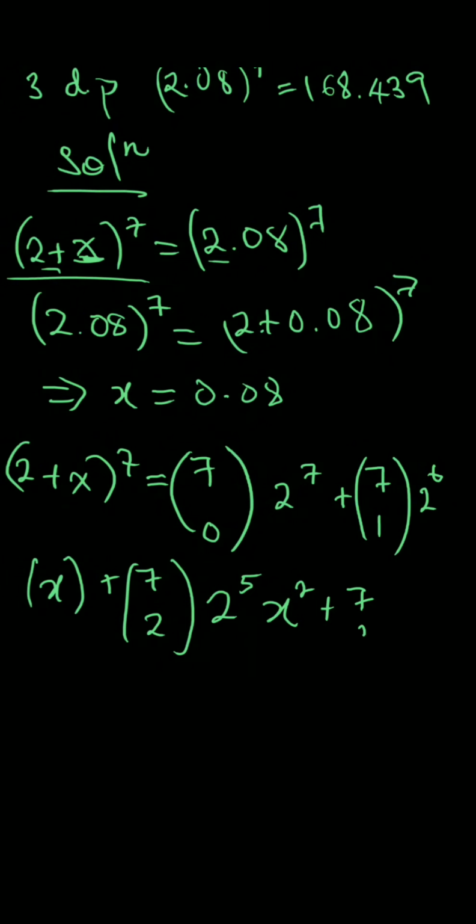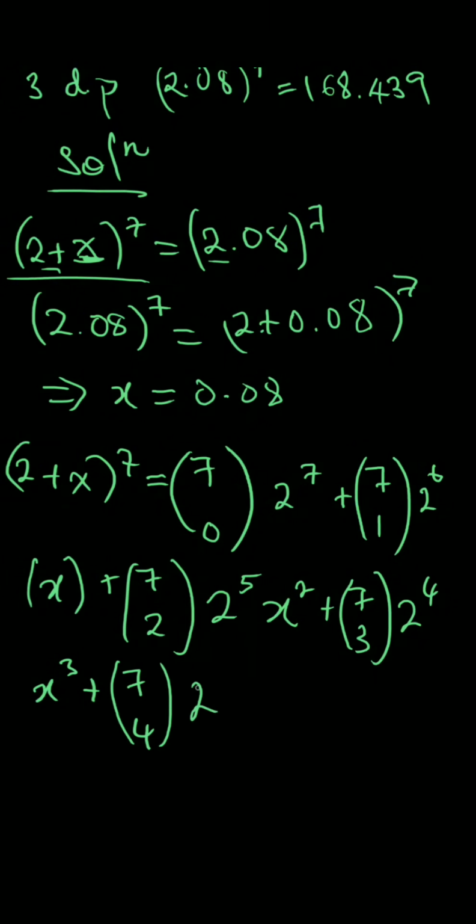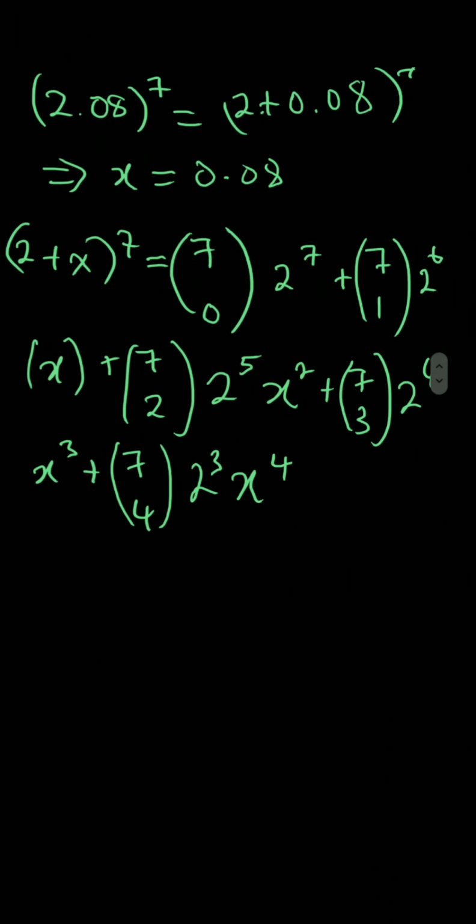The next one is 7 choose 3, multiplied with 2 raised to the power of 4, then times x to the power of 3. Then we say plus 7 choose 4 times 2 raised to the power of 3, sorry, then x to the power of 4.